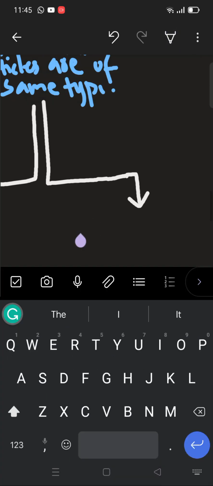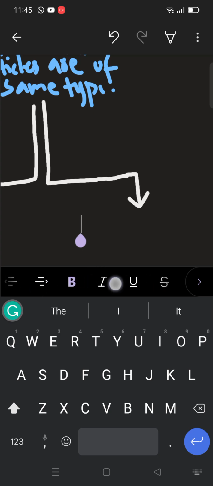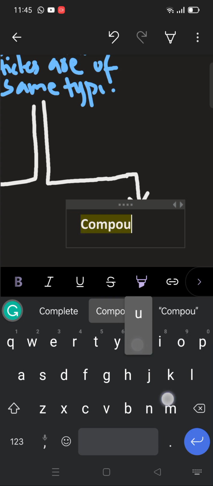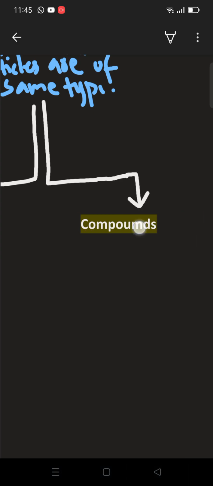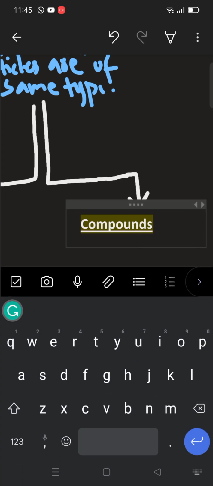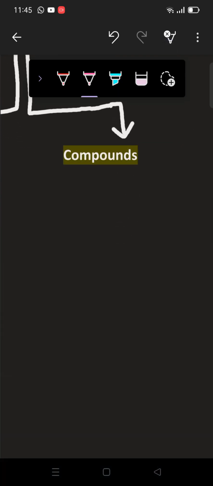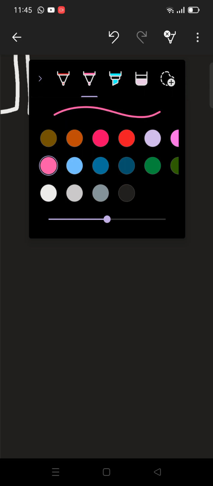And on the other hand, we have compounds. Let's write that too. And how are compounds made basically? With one metallic atom and another non-metallic atom.